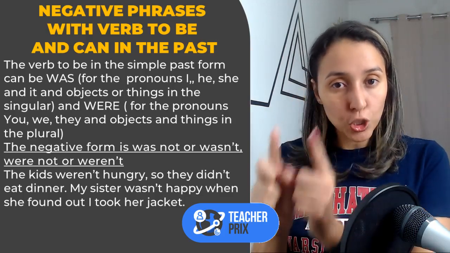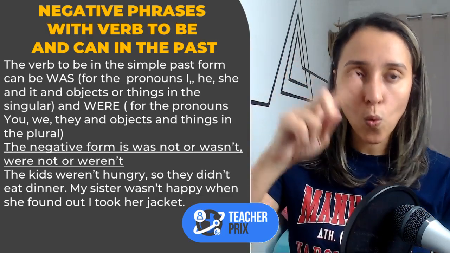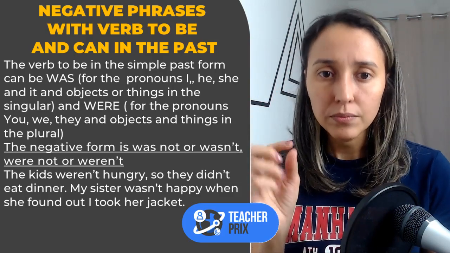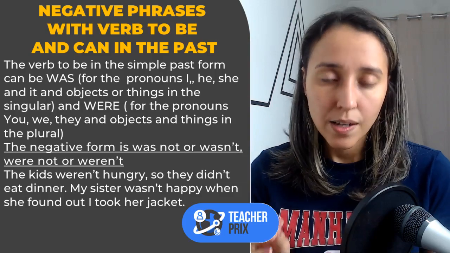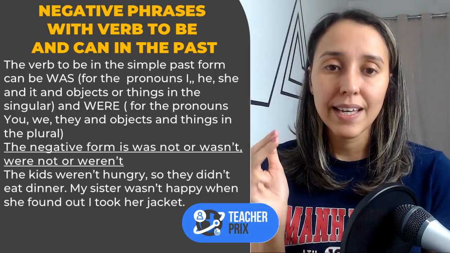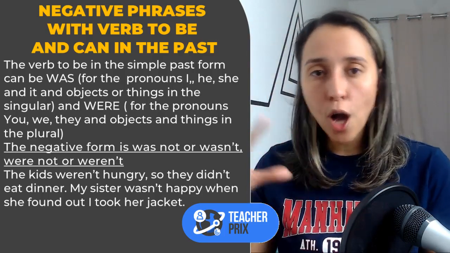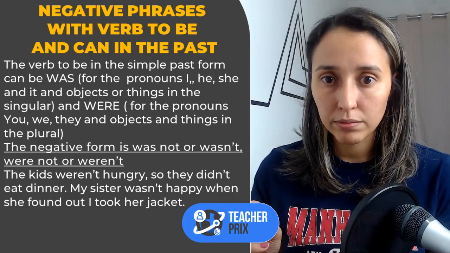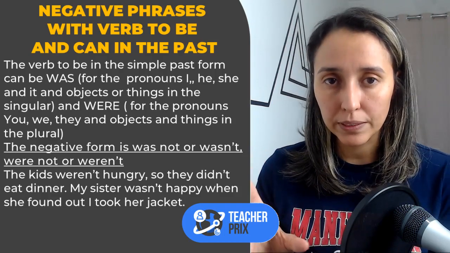You will just include the word not. Was not, were not, okay? You will use was with the pronouns I, he, she, and it, and any object or thing in the singular. The door was open, okay?